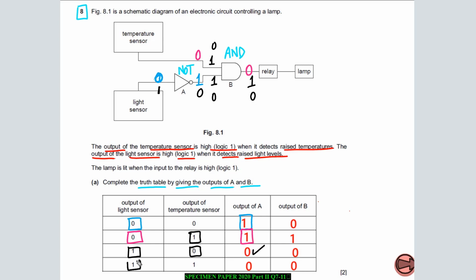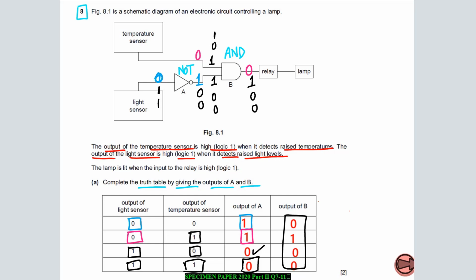And the last one is 1, so the output of the NOT gate has to be 0. Now we consider these two, 1 and 0, so the output has to be 0. So here is what we got, the output of B.